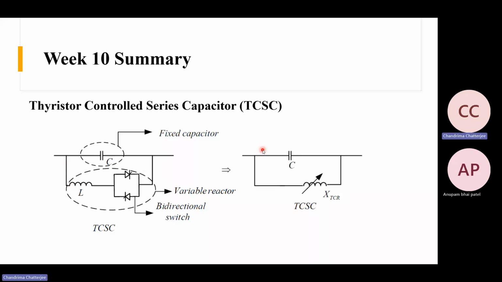The simplified diagram is this one, where we represent this whole thing by a variable reactor with this arrow. This we discussed in the last tutorial session.